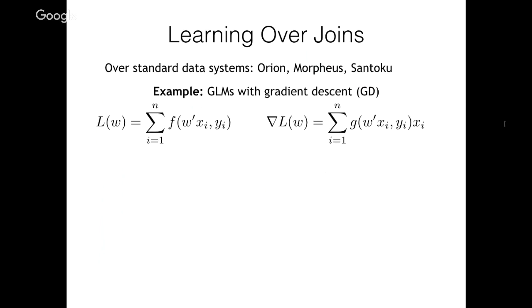vector xi. Now, in the learning over join setting, this feature vector can be partitioned into feature vectors over the 2 tables that are the input to the join, xs and xr. And so the fundamental observation here in learning over joins is that often these computations are separable over these features from the input base tables. So in this particular case, for gradient descent, the inner products that you compute are linearly separable over the features from S and R because of the partial inner products being linearly additive.